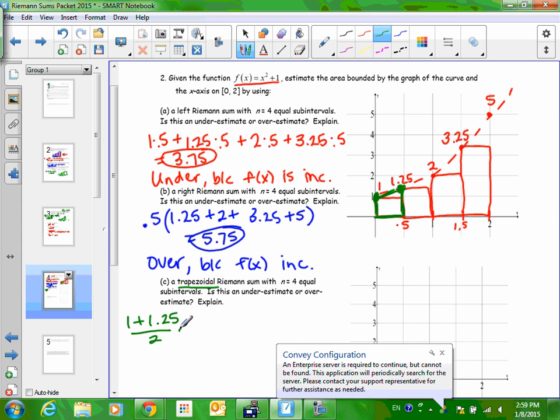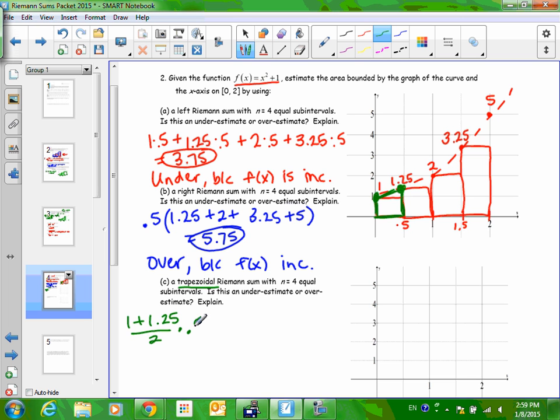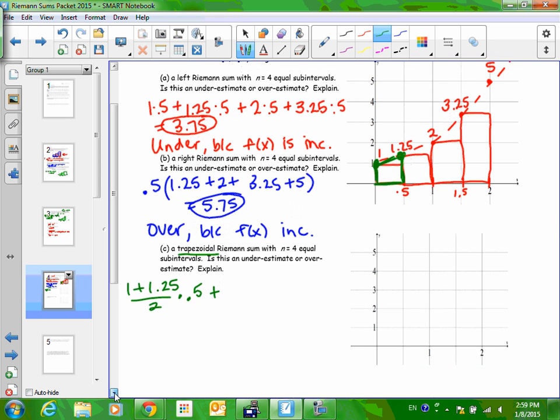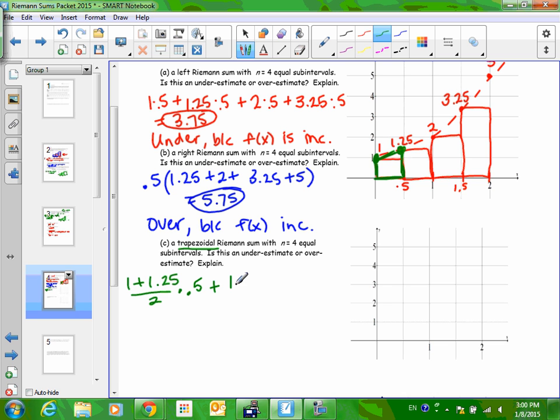So you're averaging them, and you're multiplying by the time interval, which is still 0.5, like it was up here. And so that's one trapezoid. So the next trapezoid would be 1.25 plus 2 over 2 times 0.5. Okay, because you're trying to find that area right there.